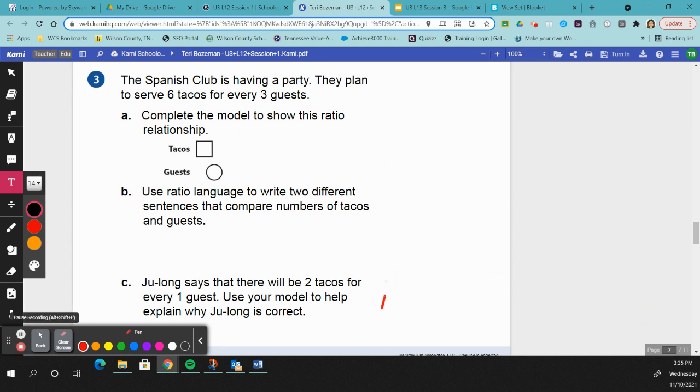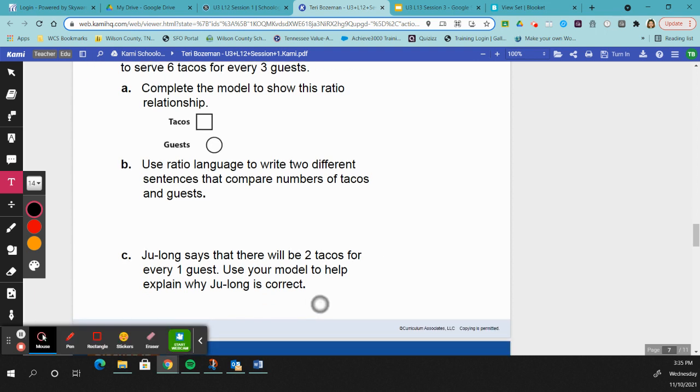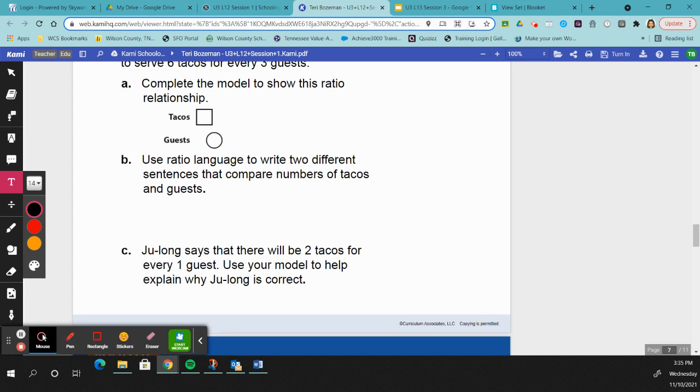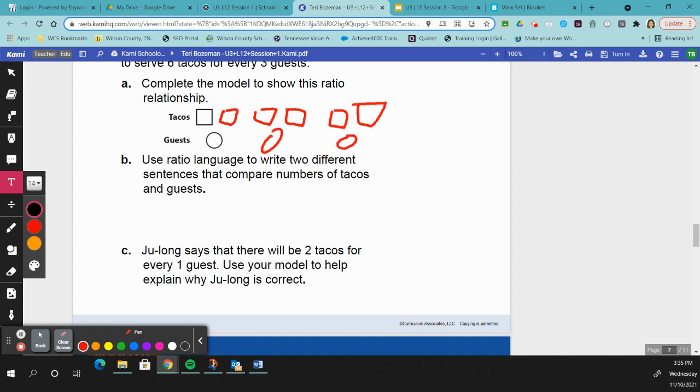Now, C says to use your model to help explain. So let me go back to the model. So we had 6 tacos for every 3 guests, right? And it says Julong says there will be 2 tacos for every 1 guest. Use your model to help you explain.